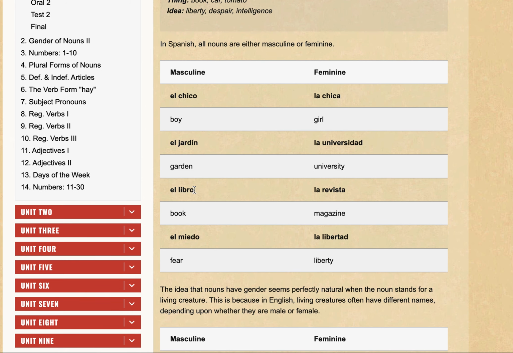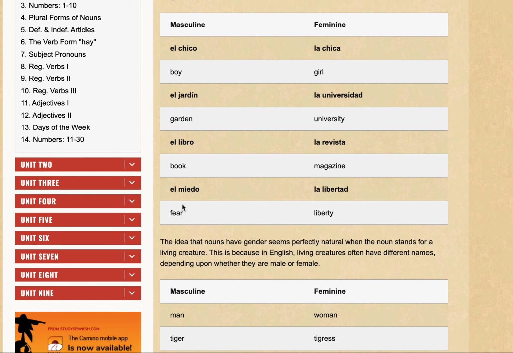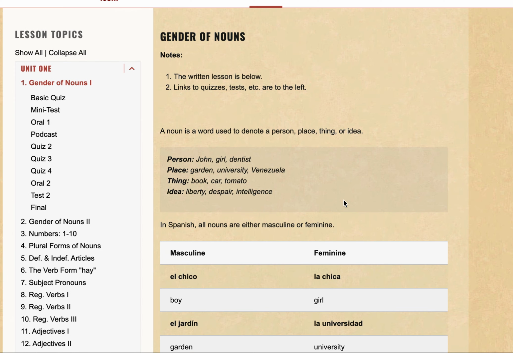A book is el libro. Magazine would be la revista. Fear, el miedo, and liberty is la libertad. So the nouns could be masculine or feminine, right?